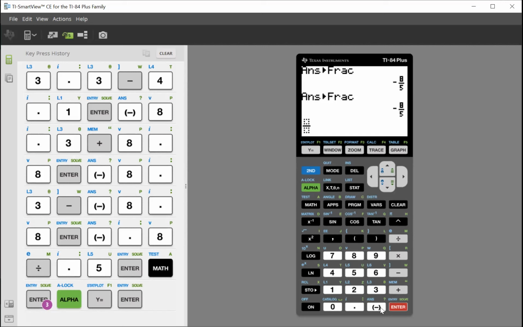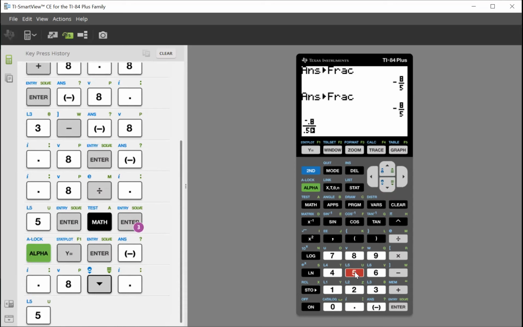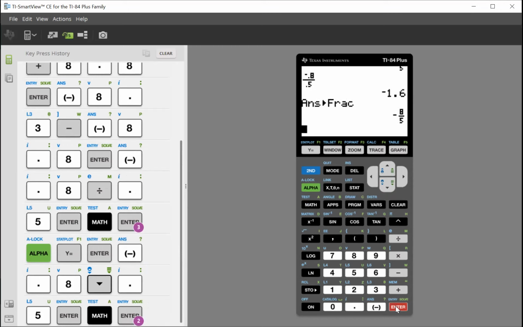So I'm going to put in my negative 0.8 on the top. And this is just another way to do this. And on the bottom, I had a 0.5. So if I didn't want to divide this, then turn it into a fraction, I can put it in as a fraction. And when I hit enter, I get the negative 1.6. And then I go back to math and enter twice. And I get that negative 8/5.